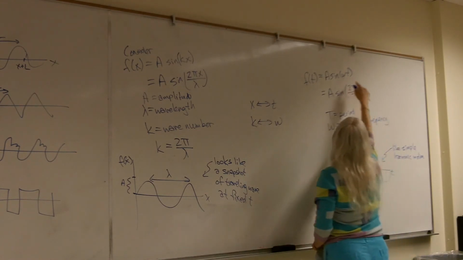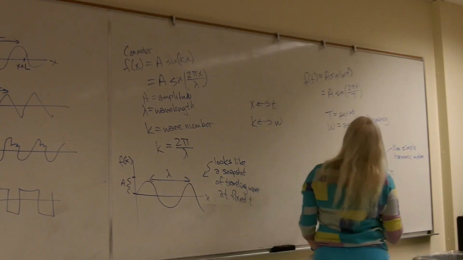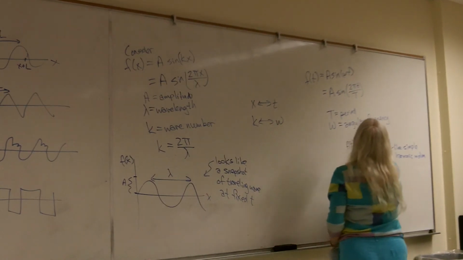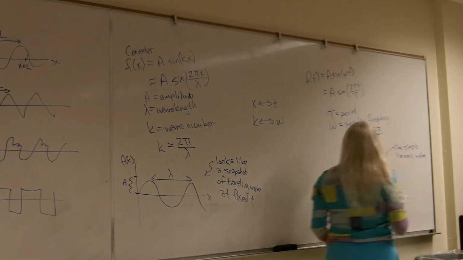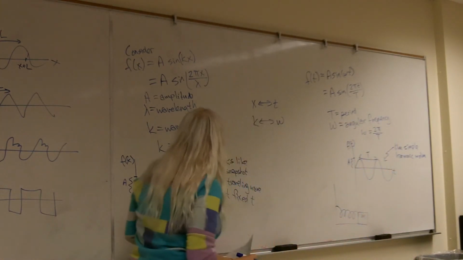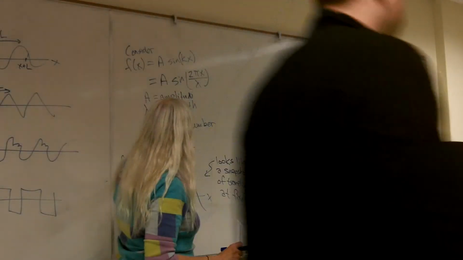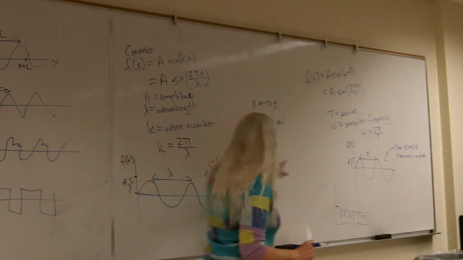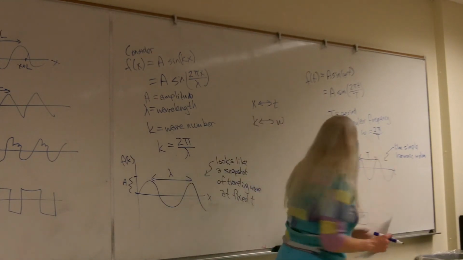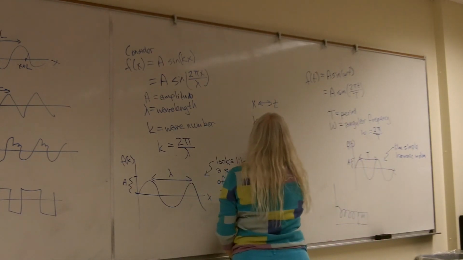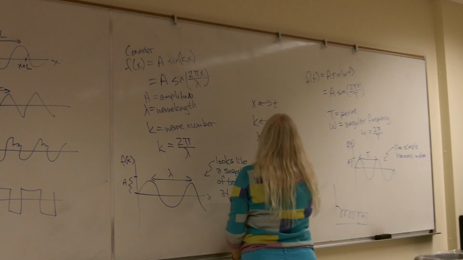And comparing these two ways of writing f as a function of t, you can see that omega is equal to 2 pi over the period capital T. And notice that that's comparable to this, right? K there is replaced by omega there, and lambda there is replaced by capital T there. So let's add to our list lambda.